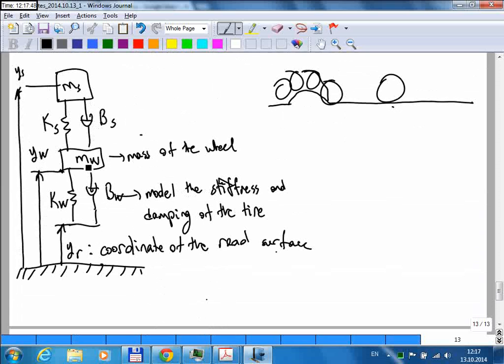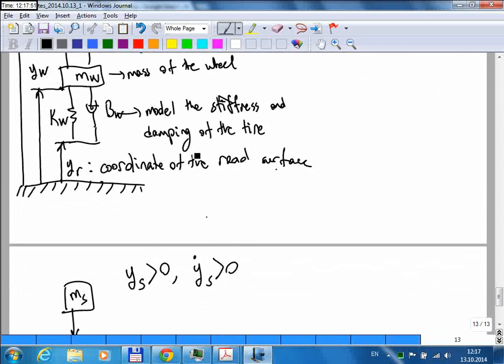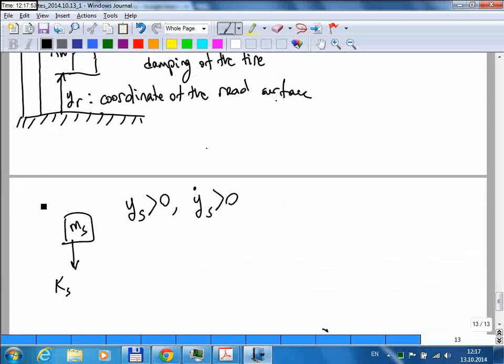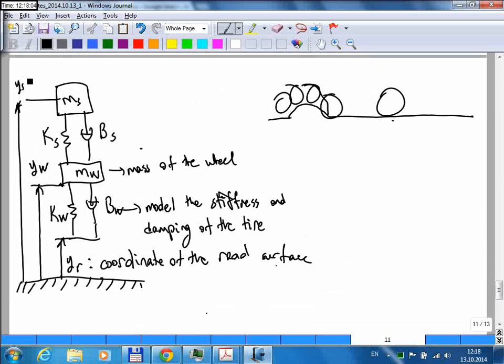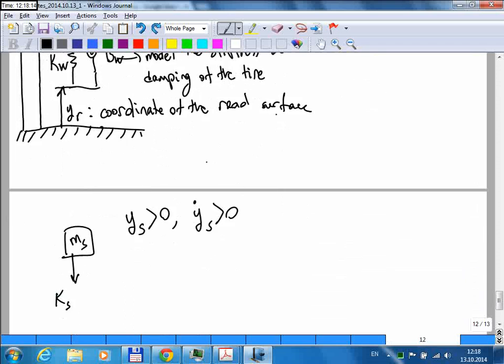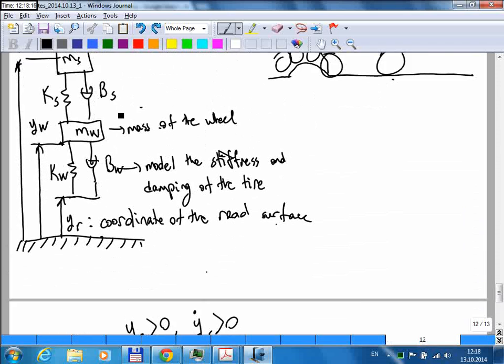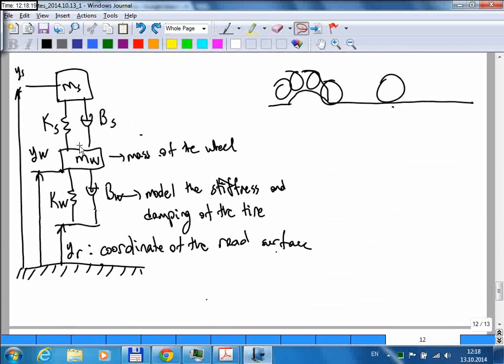Okay, so this is a tricky part. The spring force depends on how much the spring is deflected with respect to its neutral position, right? So I cannot express that by using ys alone, because it depends on the relative distance between the car and the wheel, right? So to be able to model that, I need to know the position of the wheel as well.